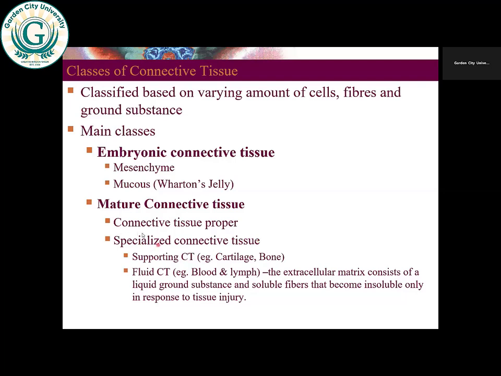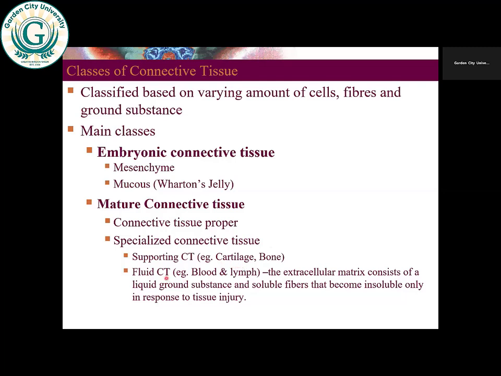Some may not talk about special connective tissue. They say connective tissue proper, then supporting connective tissue and fluid connective tissue. The fluid connective tissue is blood and the lymph. The supporting connective tissue is cartilage and bone.